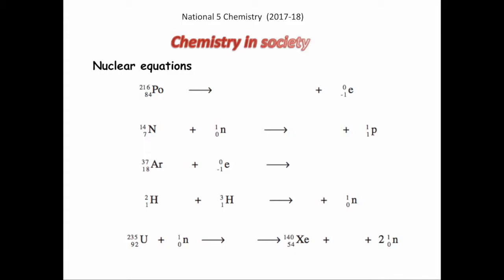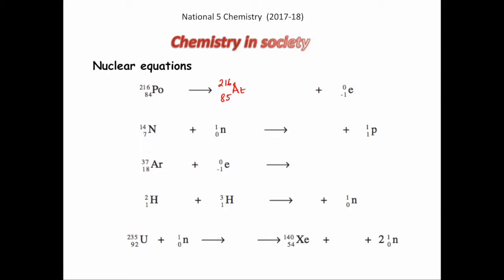So there are a few more equations for you to practice, and you can pause the video here, practice these equations, and come back to check your answers. So let's do these equations. Polonium will change into astatine, and this will have atomic number of 85.